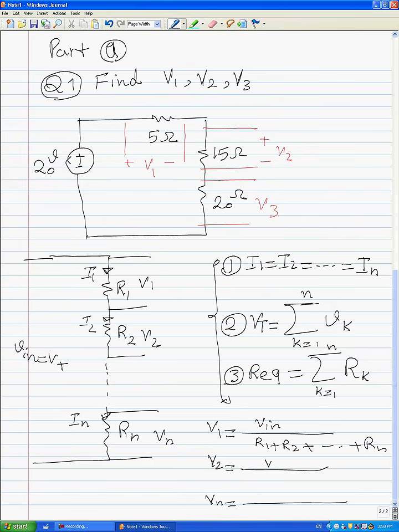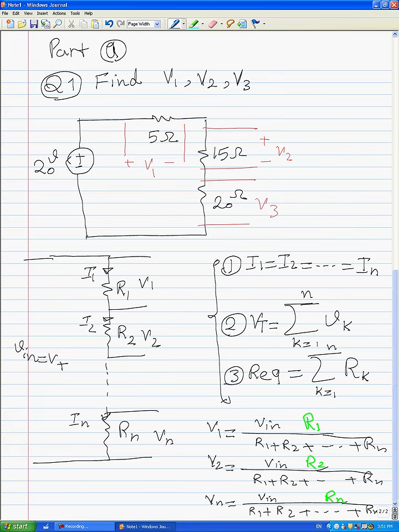Again for V2, we have the same scenario, R1 plus R2 plus Rn. And for Vn, again the same scenario, Vin divided by R1 plus R2 plus Rn. Only for V1 here we need R1, for V2 here we need R2, for Vn here we need Rn.